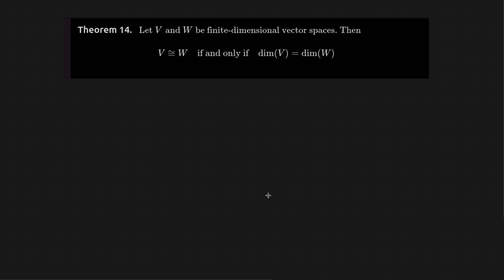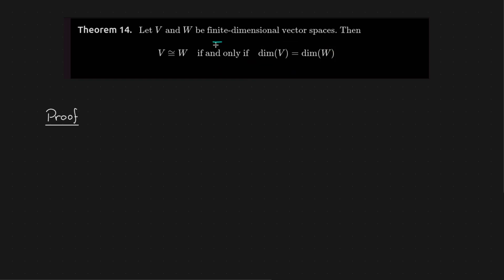Let's go ahead and prove this result. And this proof will be a little bit lengthy, but it is an important result, all right? So notice we actually almost have two proofs here. If and only if means that if V is isomorphic to W, then the dimensions are equal.